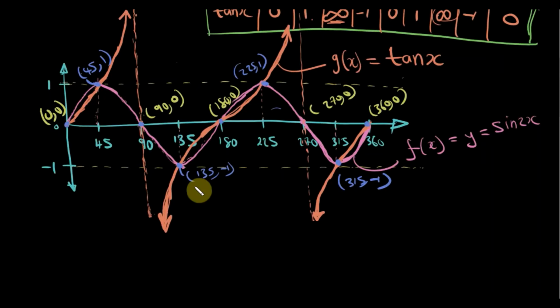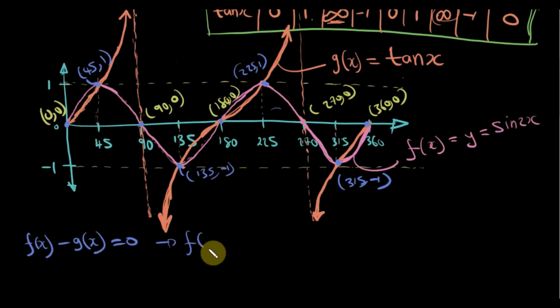So at every point where g of x intersects f of x, the graphs are equal. In other words, the y values are equal. So what I'm saying is this: f of x minus g of x equals 0 when these two graphs are equal.